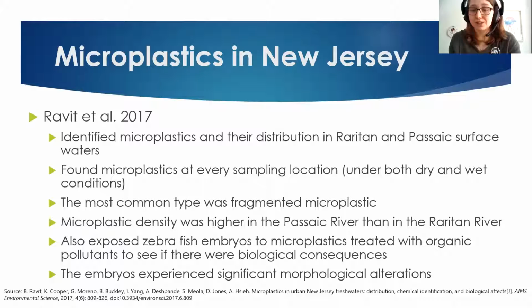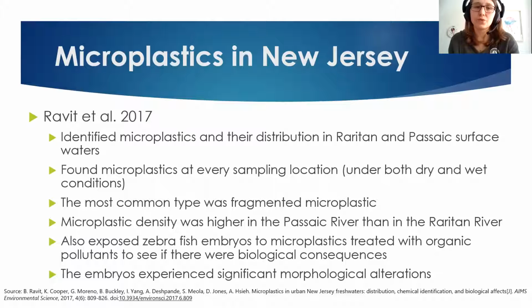And what they found was that there's microplastics all over the place, basically. And the microplastic density was higher in the Passaic River than in the Raritan River. And so these are really the only two rivers we've looked closely at. And here the most common type they found was a fragmented microplastic. So that's a secondary microplastic.